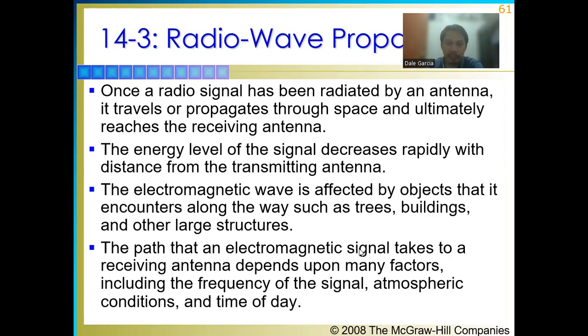The path of an electromagnetic signal to the receive antenna depends on many factors, like atmospheric conditions. There is a specific time of day when radio wave propagation is optimum. It's not the same at 9 a.m. compared to 9 p.m.